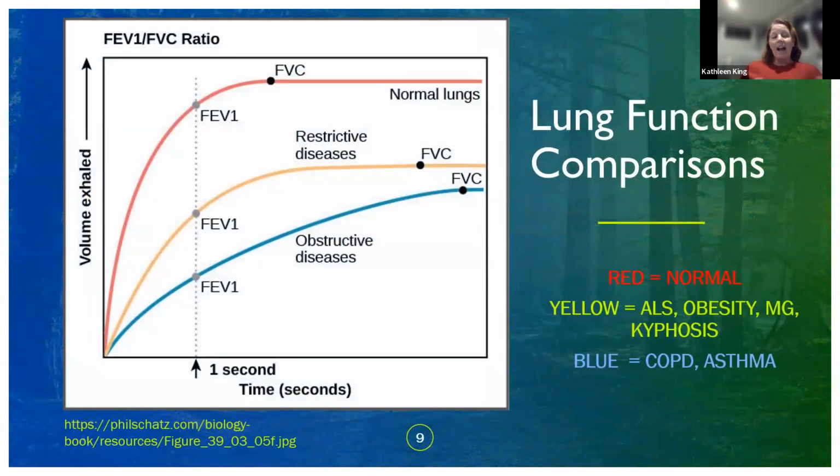So this is a classic graph of what normal lung function should look like and what it looks like if it's diseased. So notice it's looking at volume exhaled. The majority of illnesses that have to do with lungs have to do with our ability to exhale air, not take it in. And you can have asthma and you can tell me, no, Kath, I have asthma and it's impossible for me to breathe in.